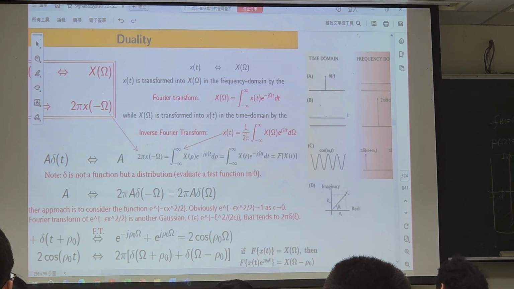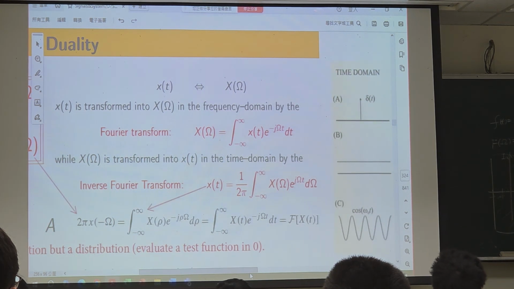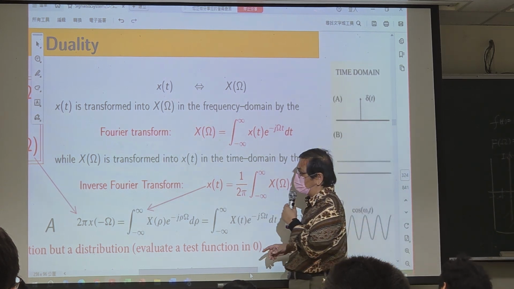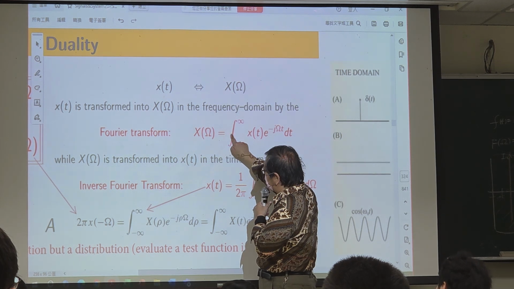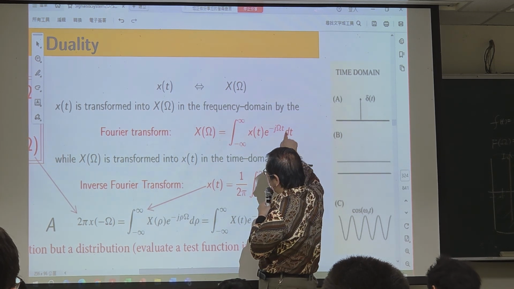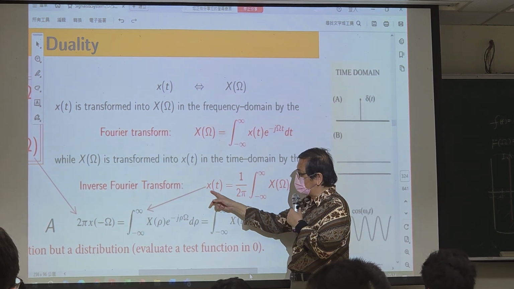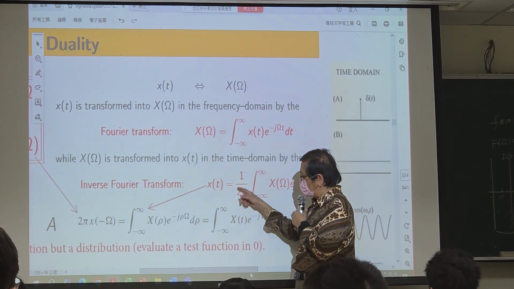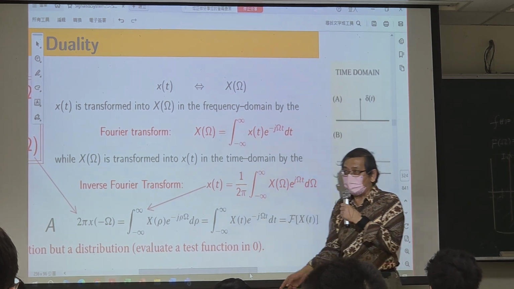Oh, by the way, if you look at some other books, they may give you a slightly different definition of the Fourier transform. Some books may use 1 over the square root of 2 pi in front of this integral, and in that case the associated x of t becomes 1 over the square root of 2 pi times the integral. Why do they do that?